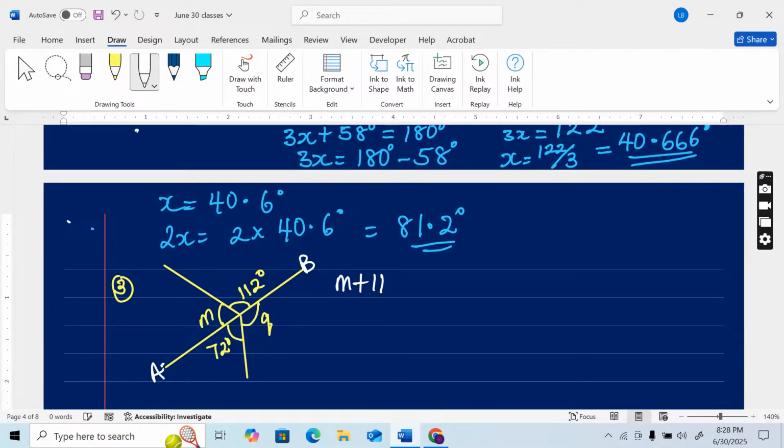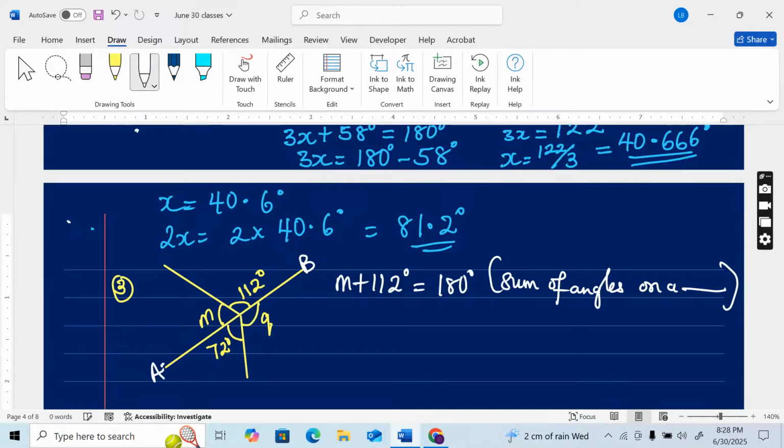M plus 112 degrees will give us 180 degrees, right? The reason is there are sum of angles on a straight line, all right? So M is equal to 180 minus 112 degrees. So the value of M is 68 degrees, right?